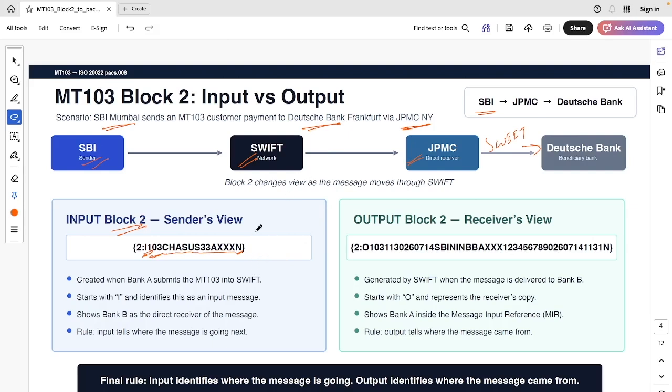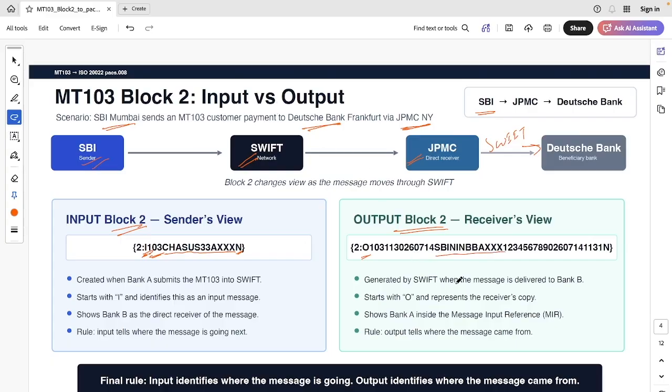Now, when Swift delivers this message to JP Morgan Chase, Swift generates an output block. Output block 2 starts with the letter O. In the output version, the receiver can identify the original sender through the message input reference, or MIR. In this example, the MIR contains SBI's logical terminal address. So this is the logical terminal address for SBI.